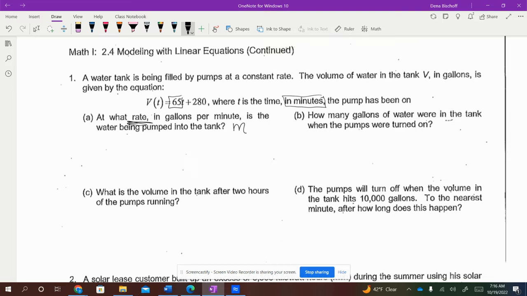Well, the slope is 65. So it's 65 gallons per minute. Remember, a rate has 2 units. How many gallons of water were in the tank when the pumps first started? Well, that's my beginning amount, B. So there were 280 gallons in the tank at the beginning.